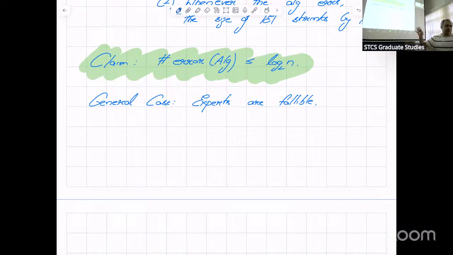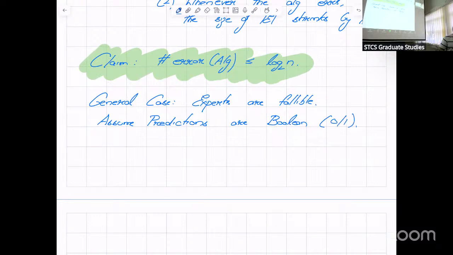We'll change that also eventually, by the time we discuss the full-fledged multiplicative weight update. But right now, let's assume the predictions are still Boolean, that is, from the set 0, 1.